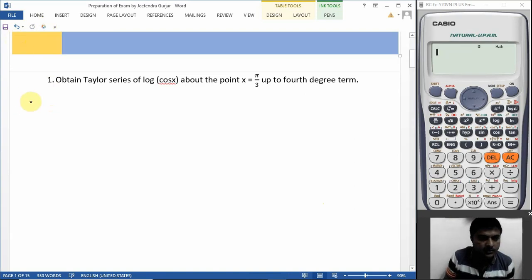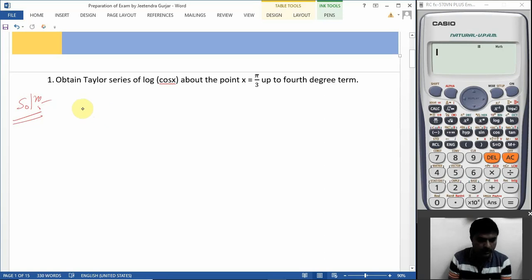So here we go. Okay, we'll finish it quickly. One by one, you can see: obtain the Taylor series of log of cos x about the point x is equal to pi by 3 up to 4 degree terms.